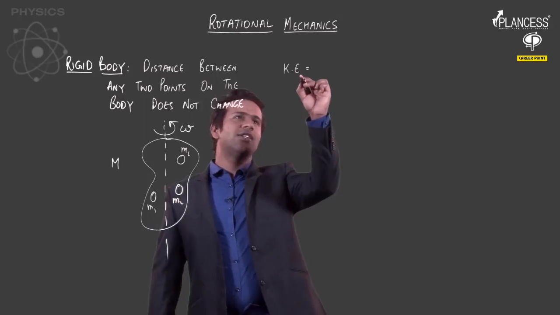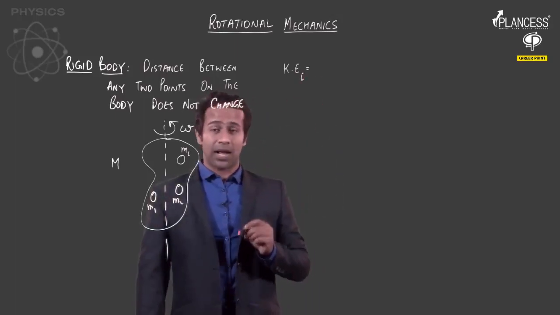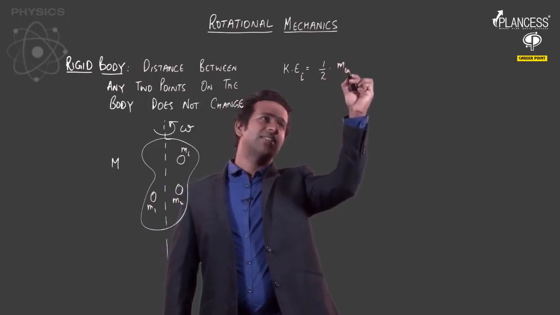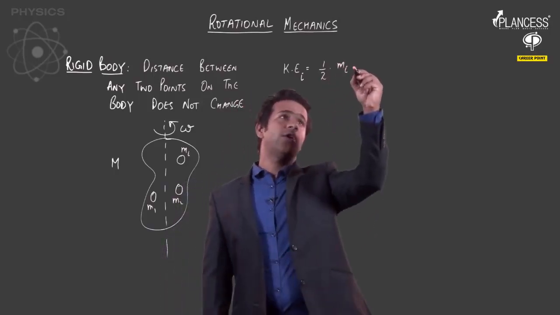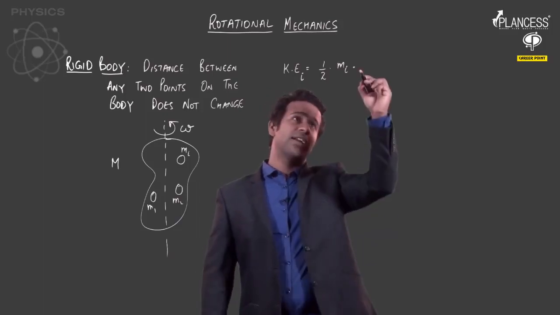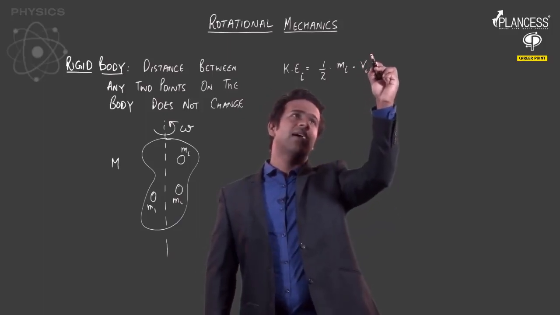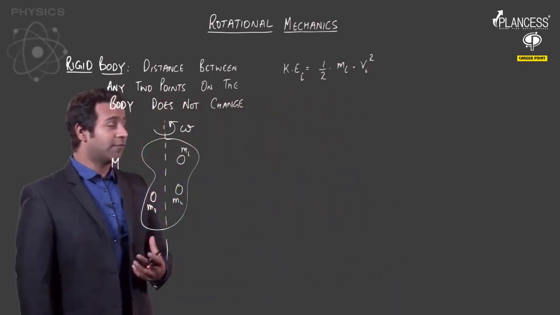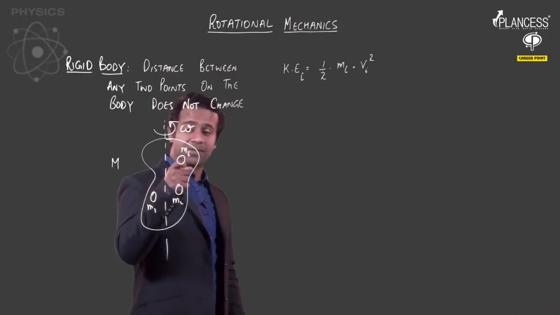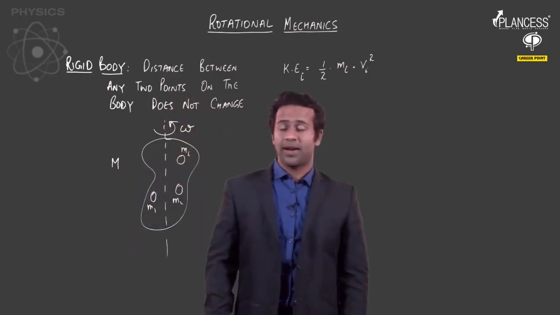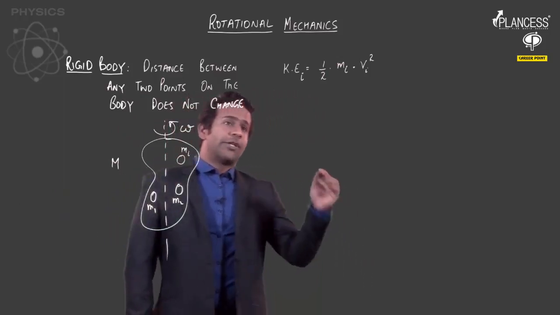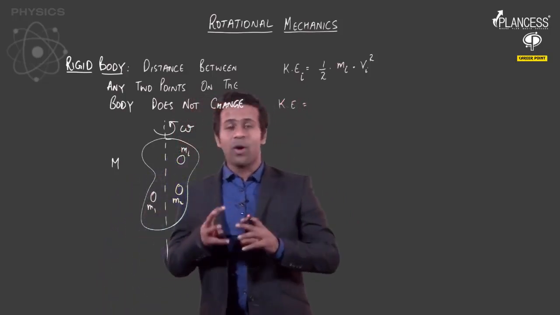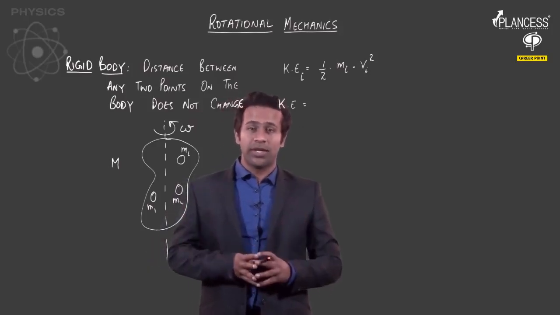So the kinetic energy of this ith body, I know by definition, would be half into the mass, which is Mi, into its speed square. Let's call it speed Vi, and then this gives us the expression for kinetic energy for this single body, right? So the total kinetic energy logically would be the sum of kinetic energy of all these bodies, right?